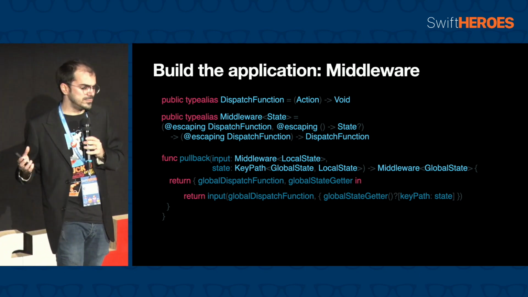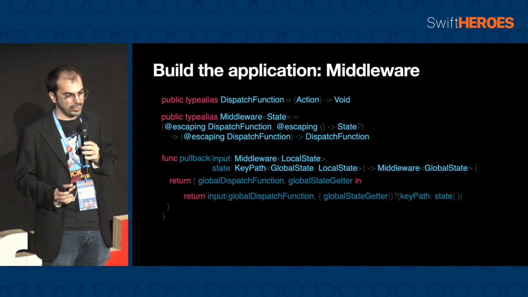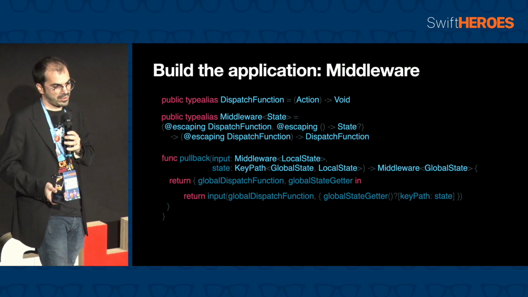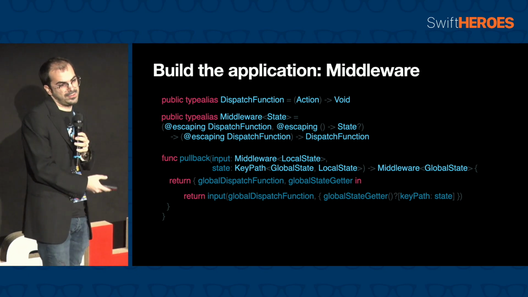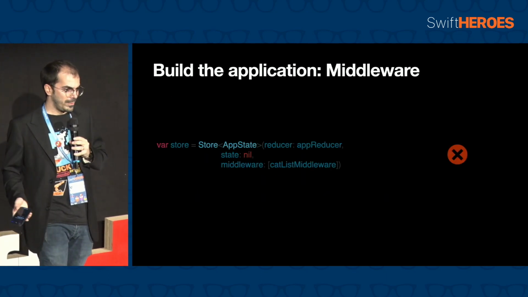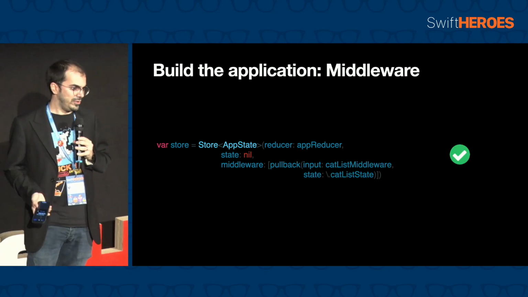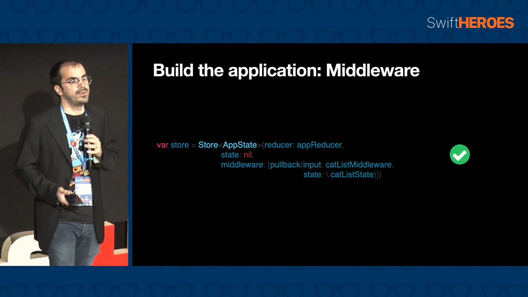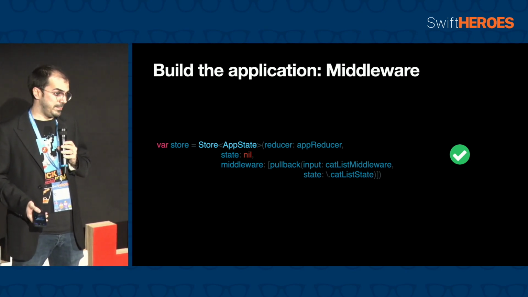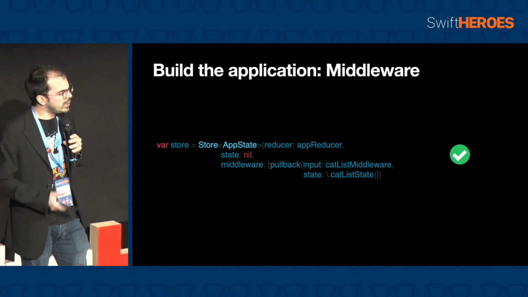We are pulling back from a local point of view to a global point of view in this way. In fact, we pass from middleware of local state to middleware of global state. If we run it, we will see that passing from this to this solves our type issue.